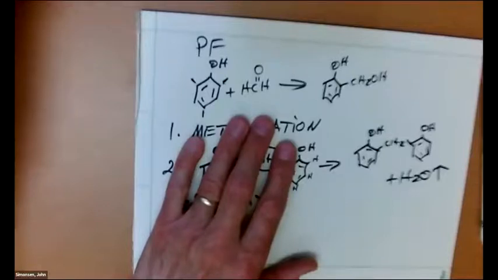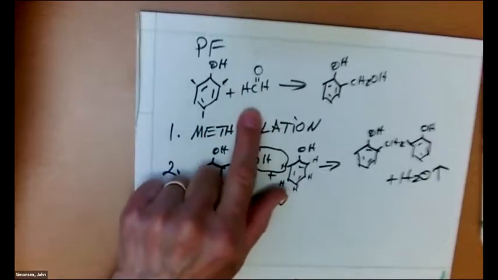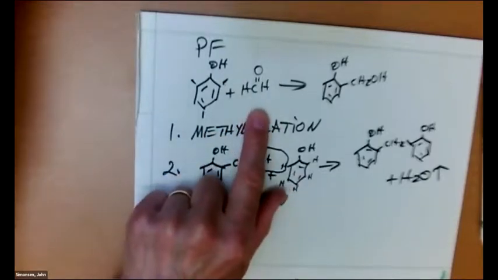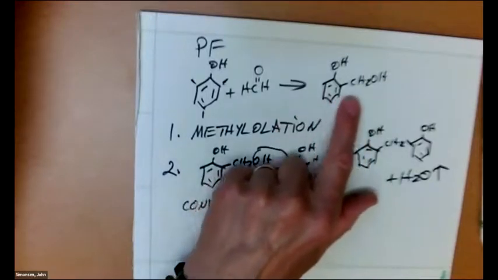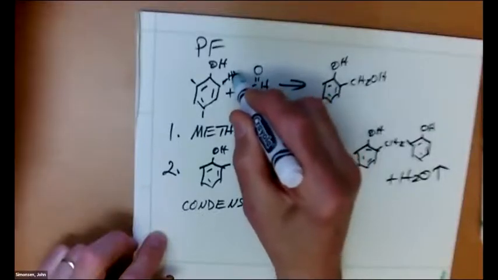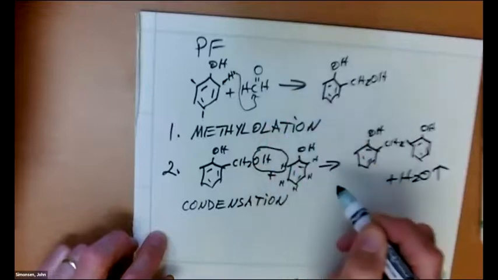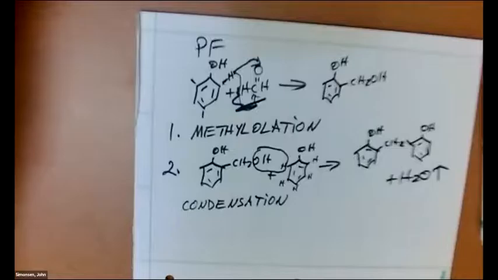So this is formaldehyde, symmetrical, so it doesn't matter which way it goes. It's going to look like this. But in fact, these hydrogens stay with the carbon. What happens is the hydrogen here is the one that goes here. Okay, thank you.